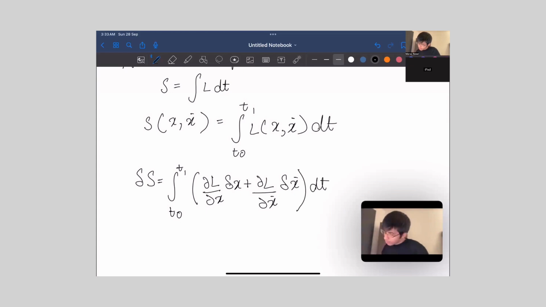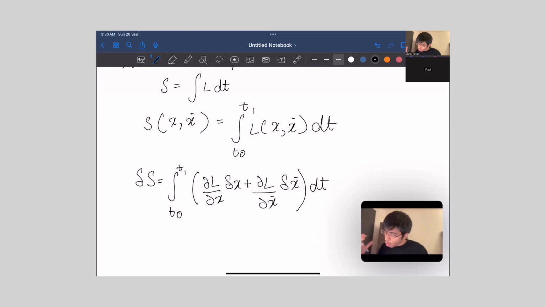So what have I done over here? I've said that a small variation, a small change in action would look something like this, delta S. I'm just introducing that change on both sides of the equation. So delta S is that small change.